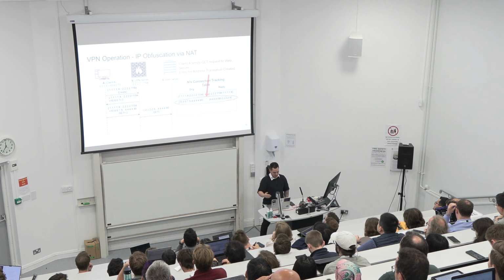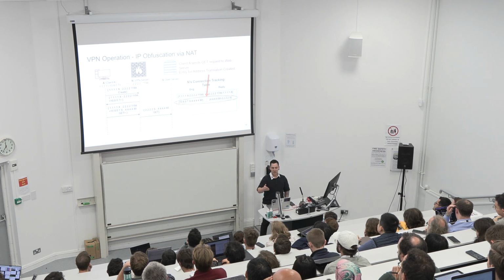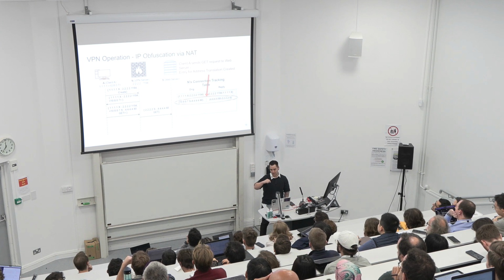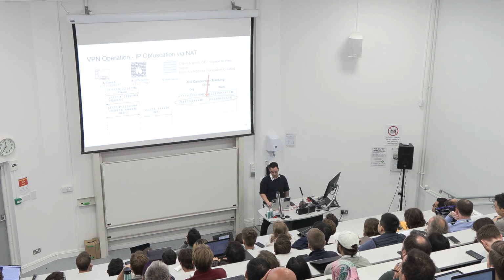So now suppose that a client is going to send a GET request to a web server. The packet first gets sent to the VPN server. The VPN server's connection tracking framework then rewrites the source IP address of that packet from the private IP address of the target, which in this case is 10.8.0.7, to the VPN server's public IP, 2.2.2.2.